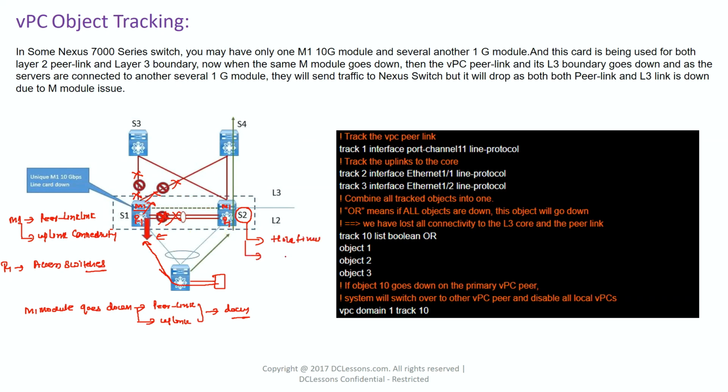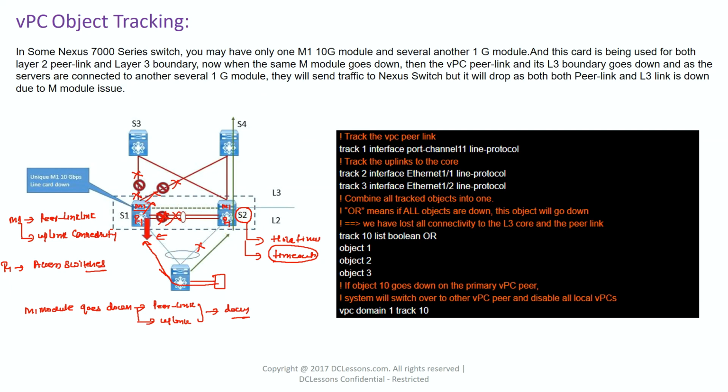After that, it will start the timeout, and in that timeout period, because my peer keepalive is up and it's sending the packet, S2 will see that this can be a dual active or split brain scenario. It will disable this link, so my secondary member port is down.